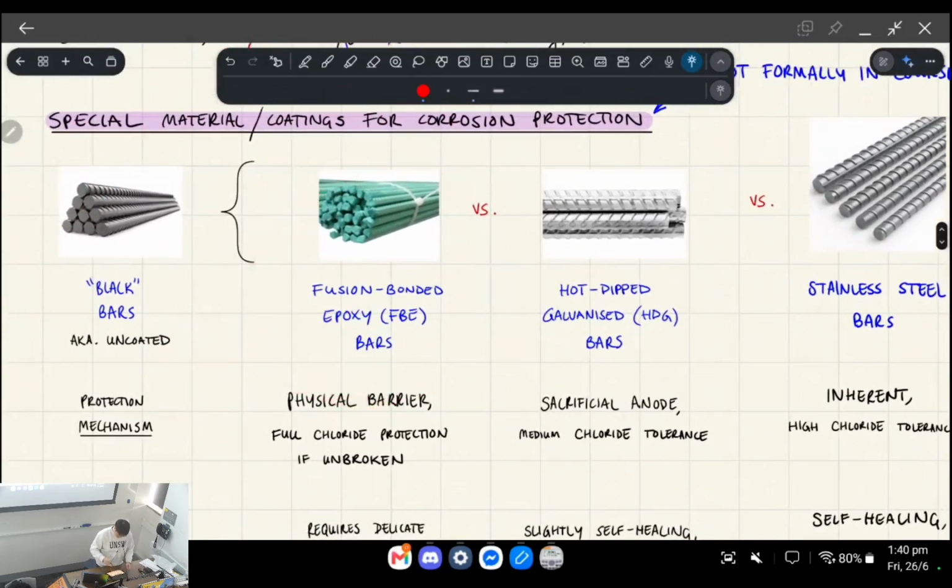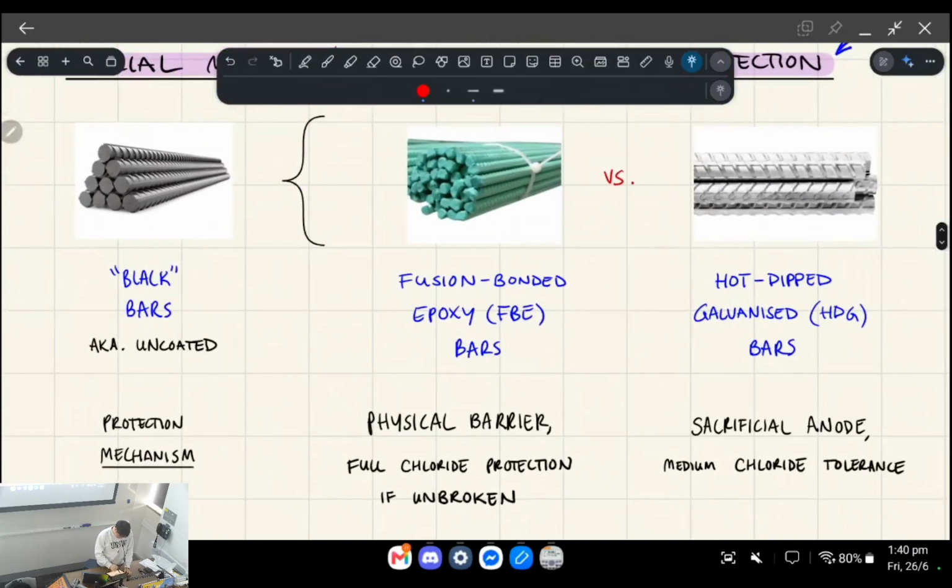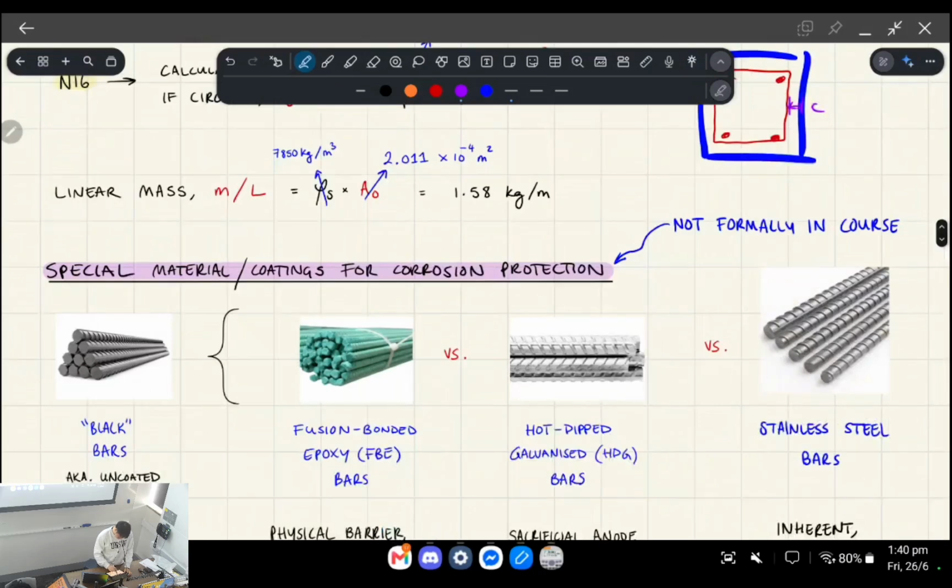The first one's fusion bonded epoxy, FBE bars. Now these look really yummy because they're green and look like candy or something. You can call them green bars if you like. The idea is that you have your bar, that is just your black bar, and you sandblast it.